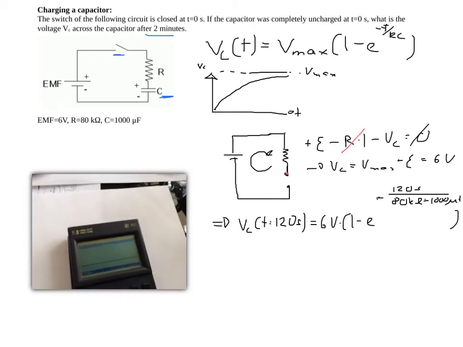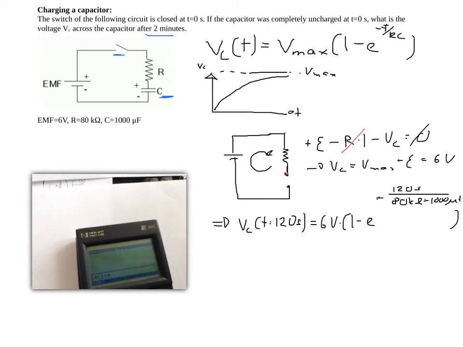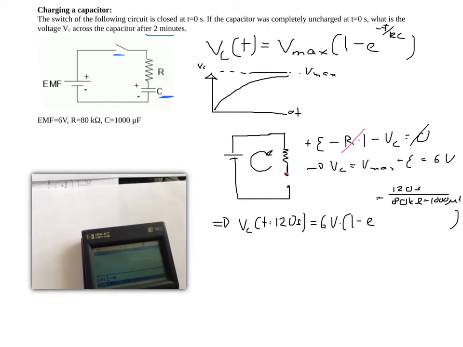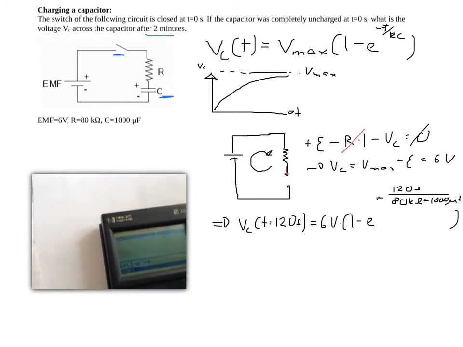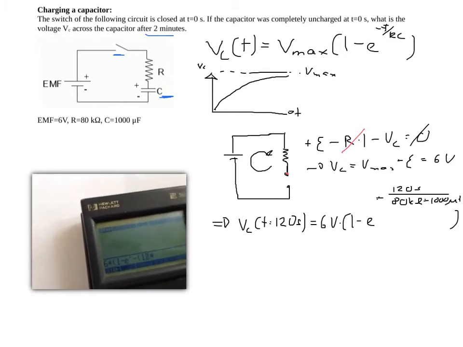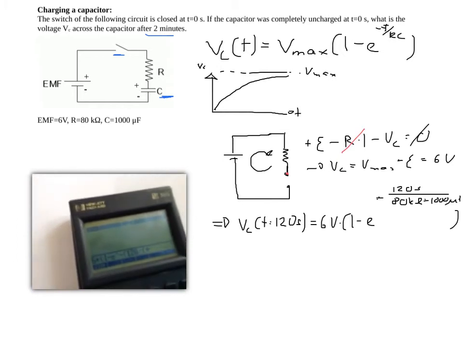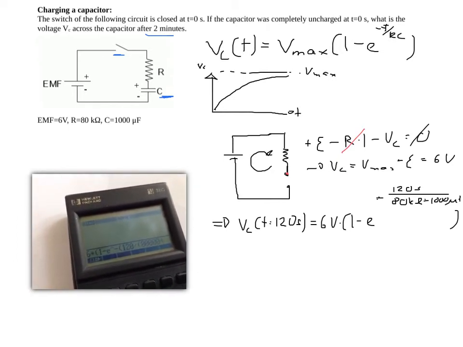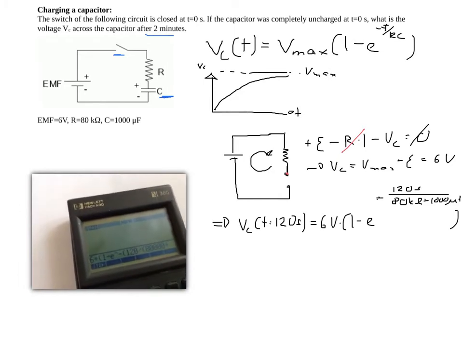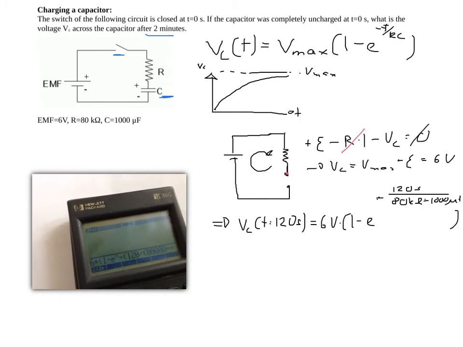Okay, so we have 6 volts times 1 minus e to the negative 120 over 80 kilo ohms, 8, 1, 2, 3, times, what's the capacitance again?